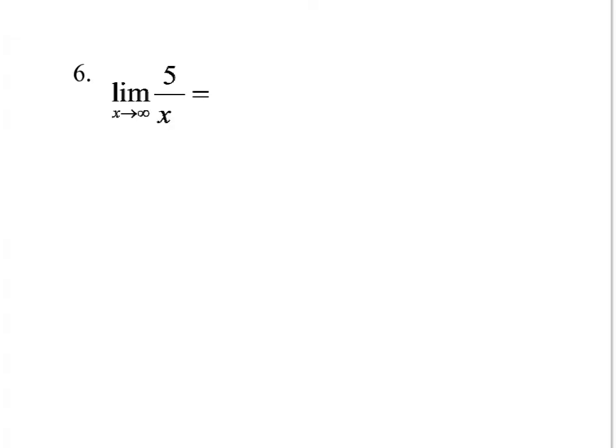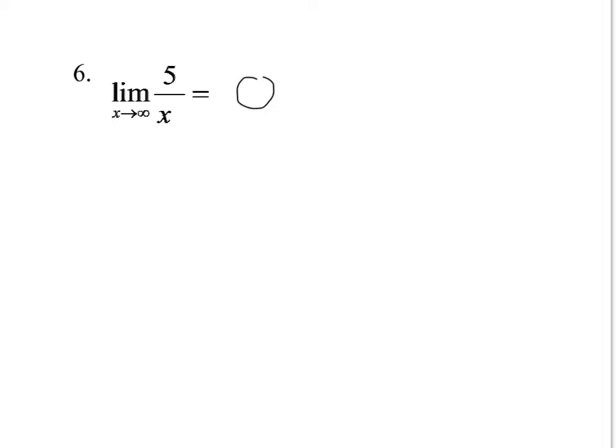Okay, let's do one right here. Find the limit of the function 5 over x as x goes to infinity. Well, by definition, that limit is 0, because as x becomes a larger and larger number, 5 over a very large number gets closer and closer to 0.